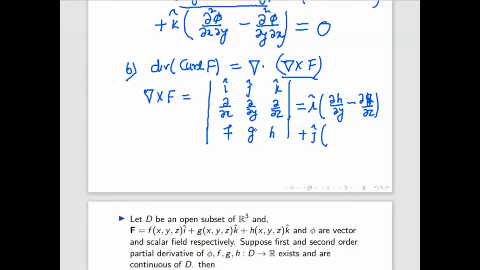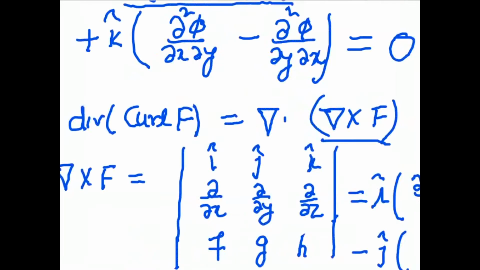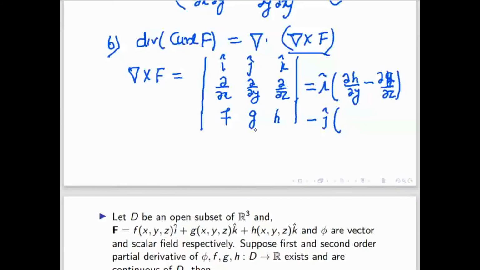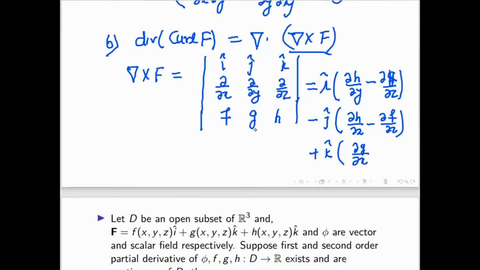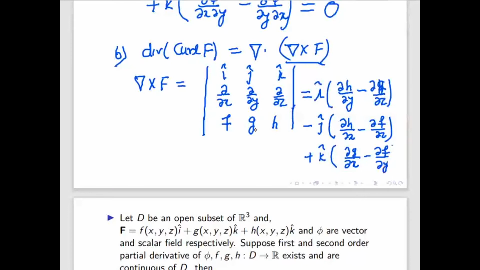Plus the jth component will come, so it will come something minus j cap del h by del x minus del f by del z, and the last component will come del g by del x minus del f by del y. So this is del cross f, the cross product of the del operator with f.